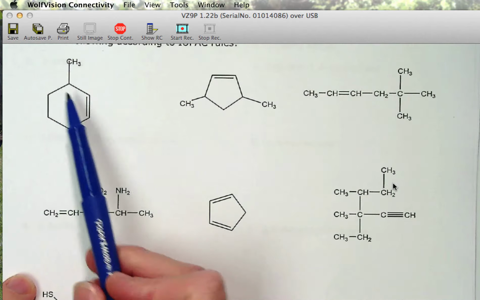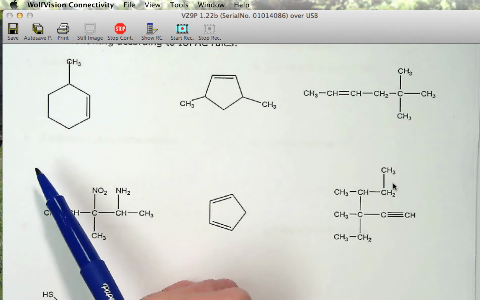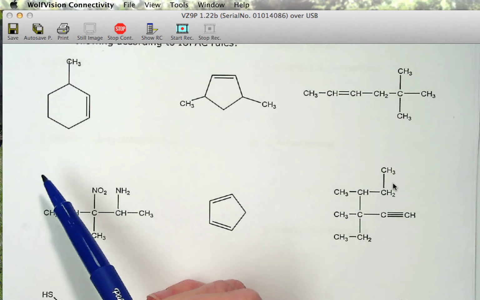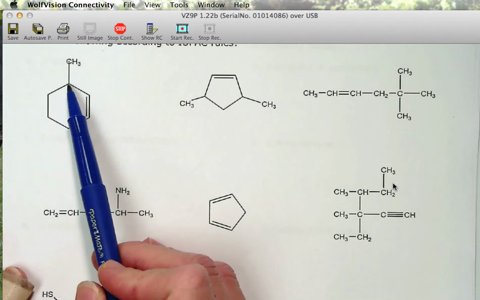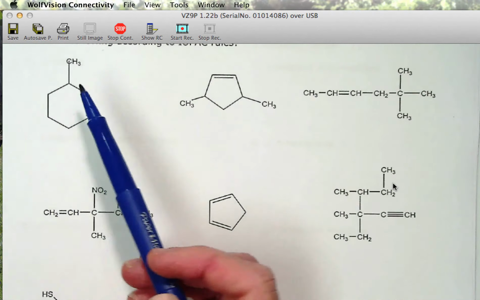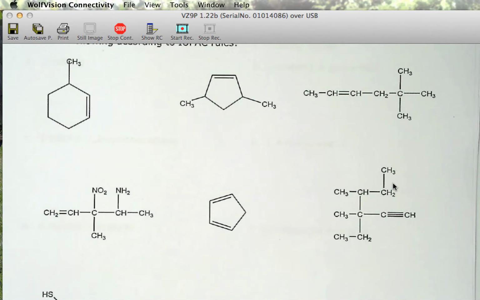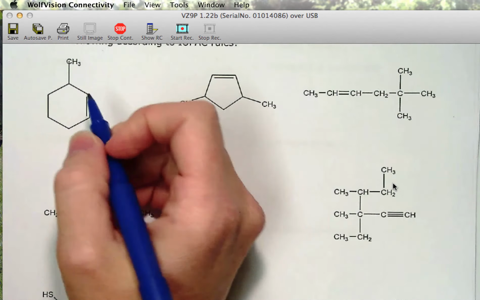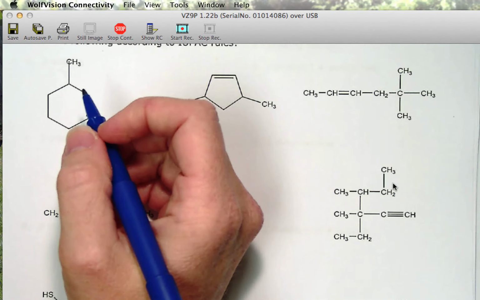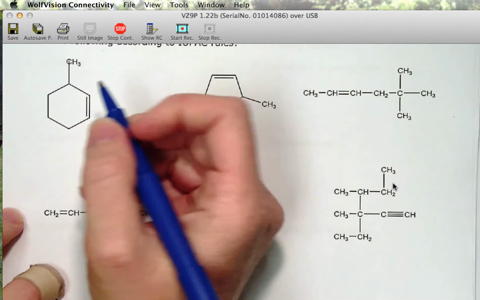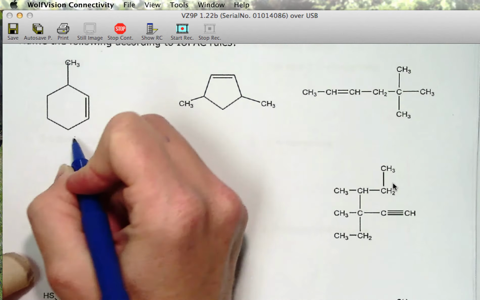Now we have a cycloalkene. So how many carbons are in this cycloalkene? Within the ring? A 6. 6. So it would be cyclohexane, but it's cyclohexene. Very good.